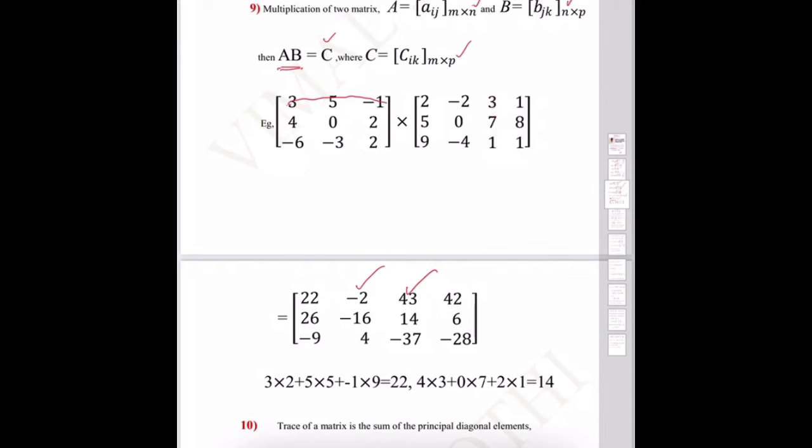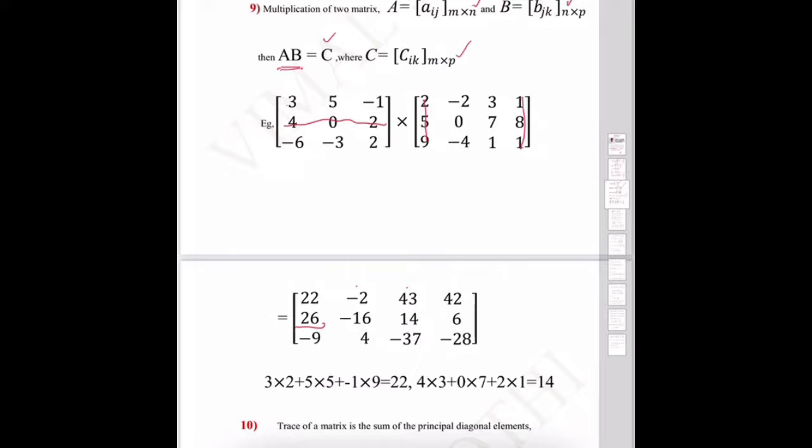Then, first row multiplied by fourth element, we get first row, fourth element. Then, second row multiplied by first column, we get second row, first element.